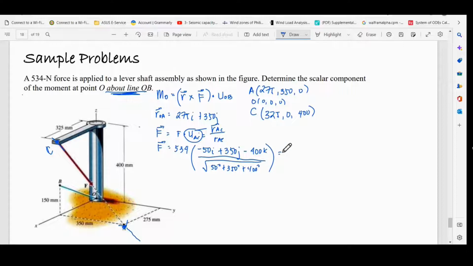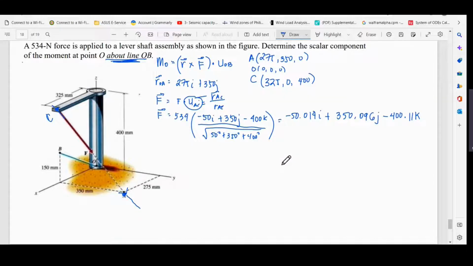So this will now be equal to negative 50.014 i, plus 350.0096 j, minus 400.11 k. Okay. So, ito na yung equivalent Cartesian vector of our force F.